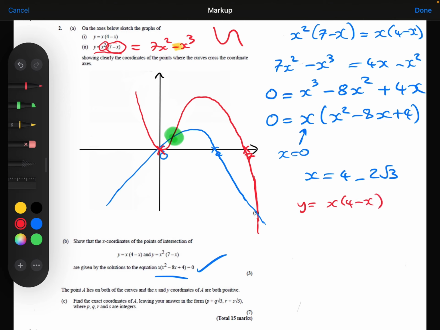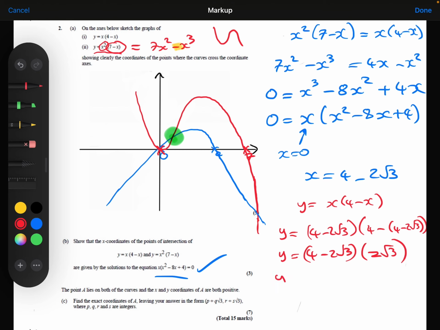So if I substitute that in here, 4 minus 2 root 3 multiplied by 4 minus 4 minus 2 root 3. So 4 minus 2 root 3 multiplied by the 4 minus the 4 is 0. So 4 times 2 root 3 is 8 root 3. The minus 2 root 3 times 2 root 3 is minus 12.